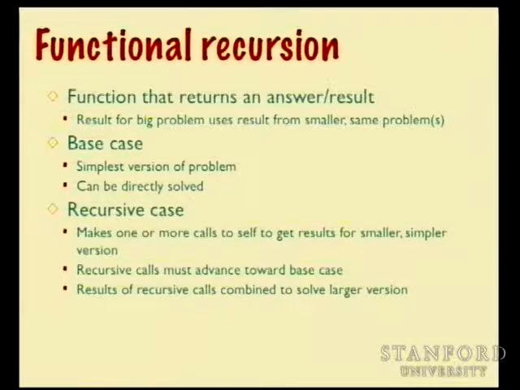And we're going to be looking at problems where you're trying to solve this big problem, and if you had the answer to making a call to yourself on a smaller version of the problem, maybe 1 call, maybe 2 calls, maybe several calls, you could add those or multiply those or combine those in some way to answer the bigger problem. So if I were trying to solve this campus survey, having the answers to these smaller campus surveys gives me that total result.